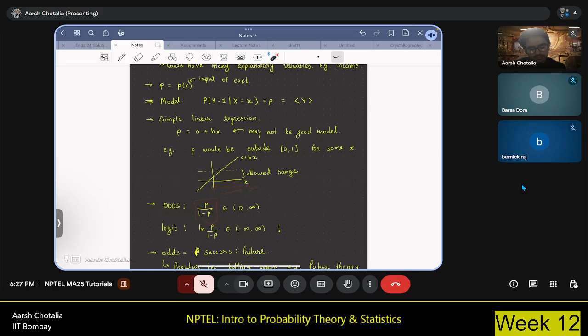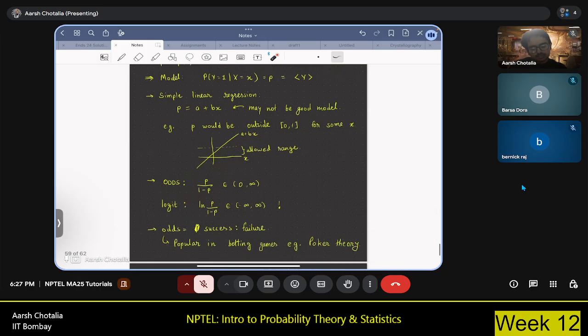On the other hand, if p is 0, then this simply becomes 0. So these odds can traverse from 0 to infinity, which means the log of that would traverse from minus infinity to infinity. All right.